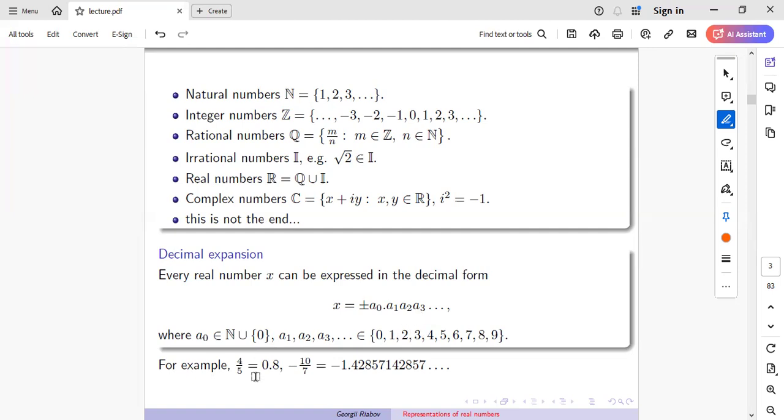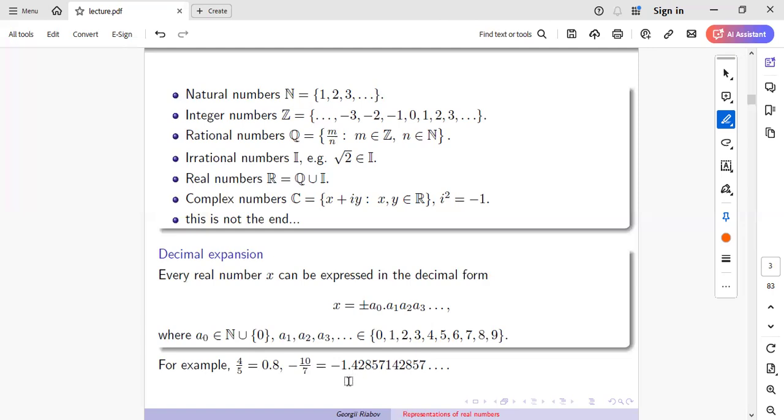A simple example: if we divide 4 by 5, we get 0.8. If we divide -10, say, by 7, we get an infinite decimal expansion, but you can observe that it is periodic.